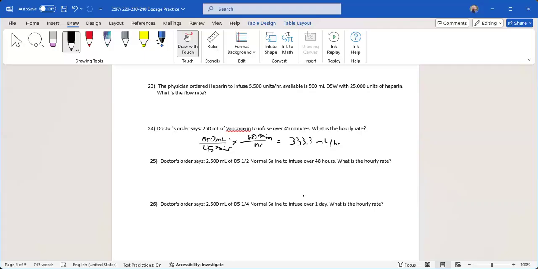Remember, with reconstitution, you're going to be looking at the label to tell you what the milligrams per milliliter is. You have to look in the label. That's the secret for that. There's no other trick to that. You've done those since first semester, so you should be good to go with those.